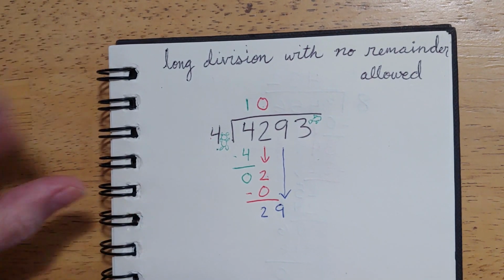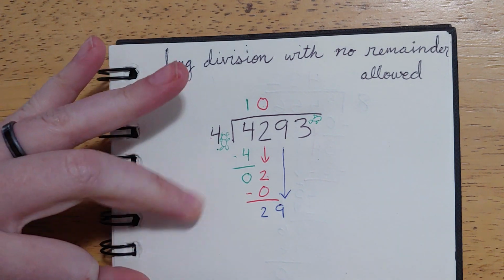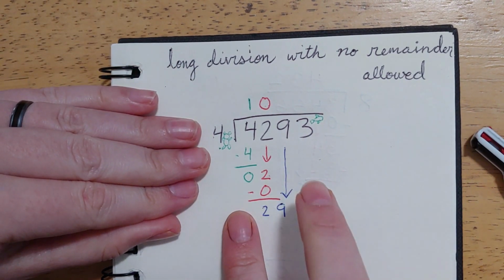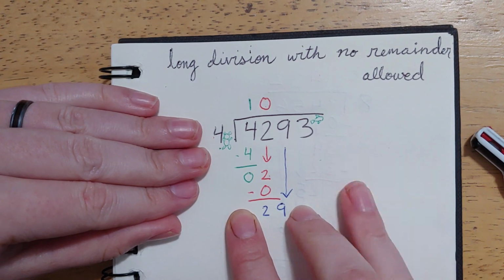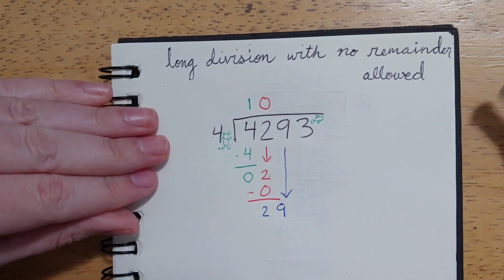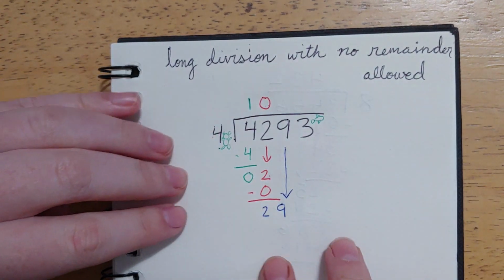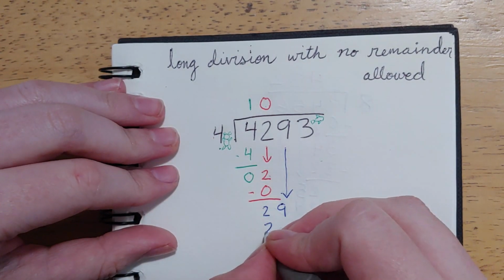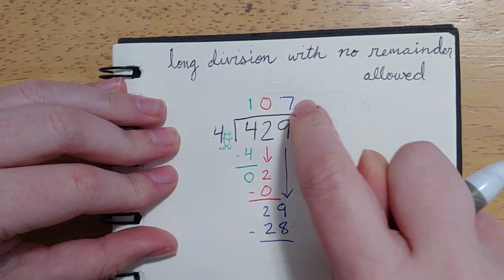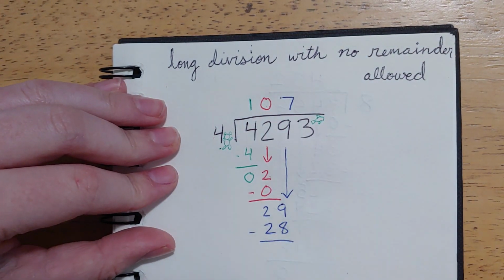Let's count by 4s. 4, 8, 12, 16, 20, 24, 28, 32. 32 is too far, so take it back. We shared out 28. And it took us 7 times. So 28 is what we shared out. They each got 7. 7 times 4 is 28. Yep, we're still good. Let's keep on going.